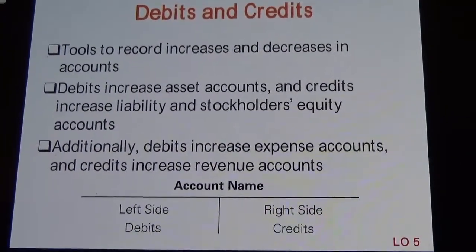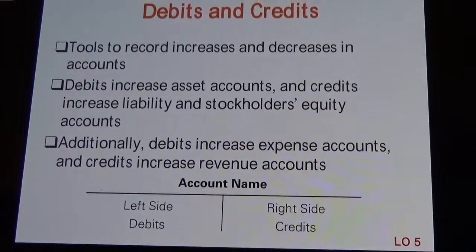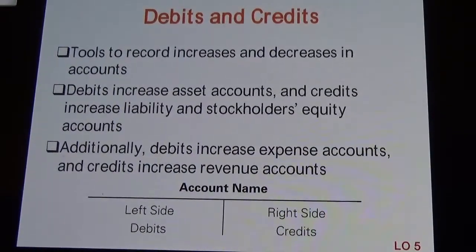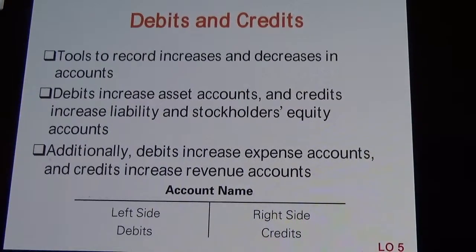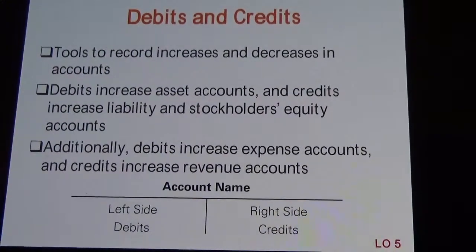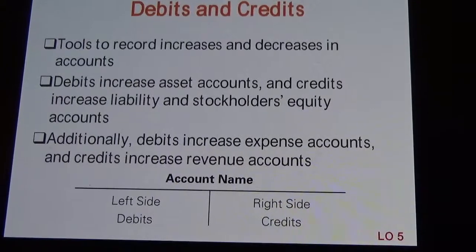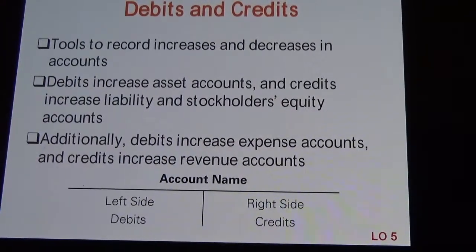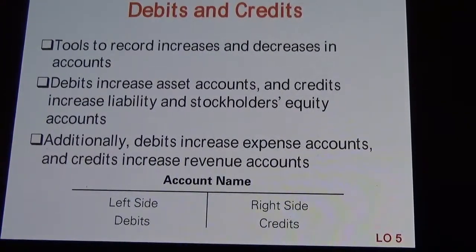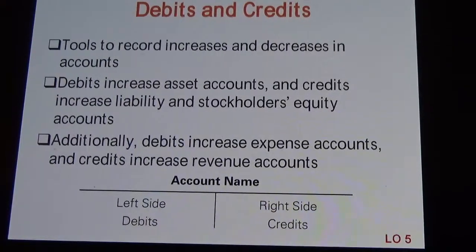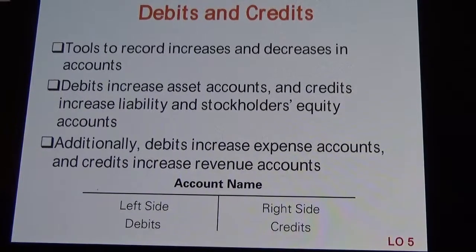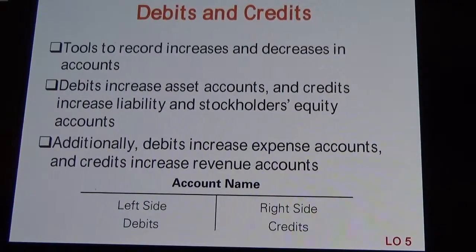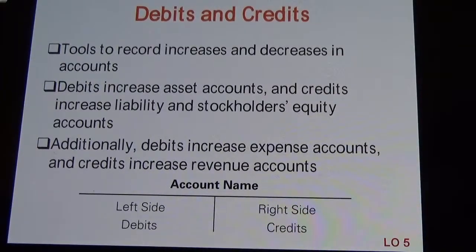Now, that brings us to the idea of debits and credits. Debits and credits are ways of recording the increases and decreases in the accounts, and you're going to have to very quickly become knowledgeable about which accounts have debit balances and therefore increase with debits and decrease with credits, and which accounts have credit balances, which means they increase with credit entries and decrease with debit entries.